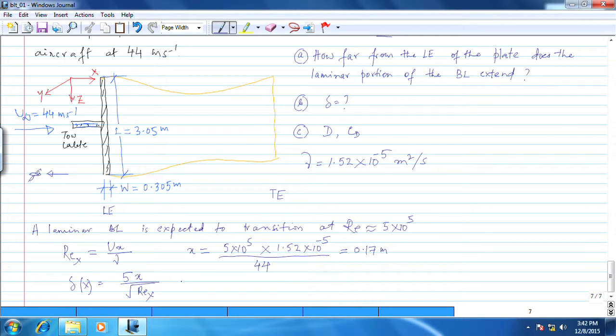So, if I do that, then what I get is 0.0012 meters, right.